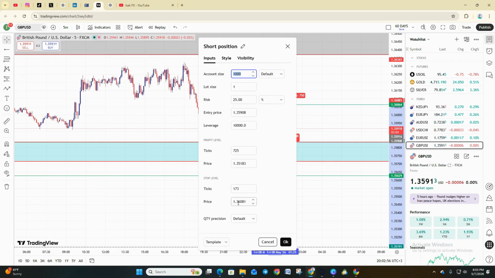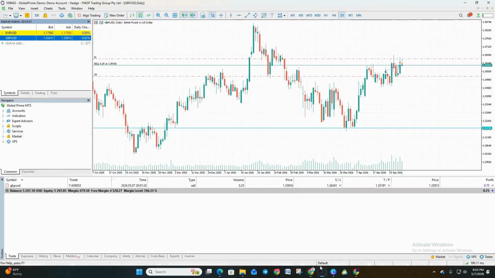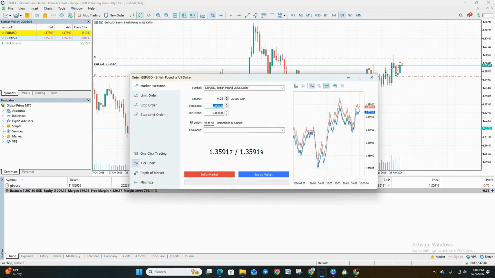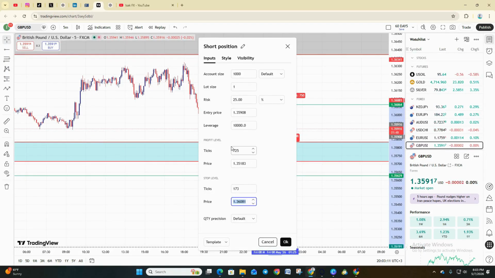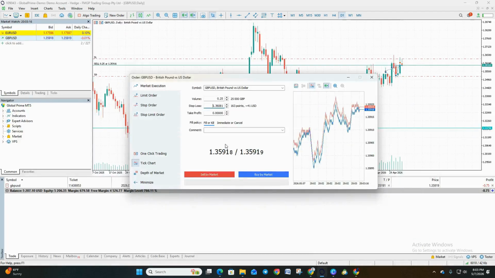So my stop loss is around this, and we will put another trade. Right click, new order, my stop loss at this point, and my take profit in the same area. Just like this, and I will risk the same amount, $100.